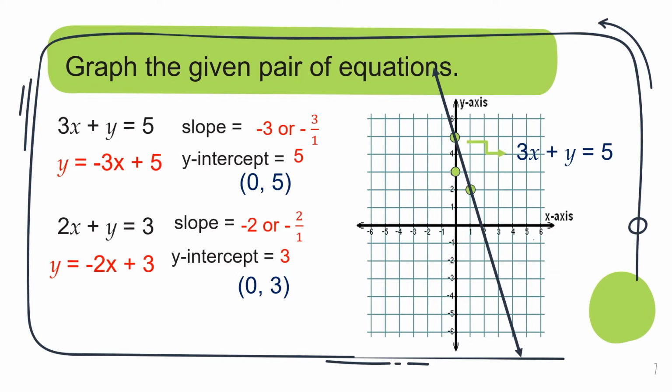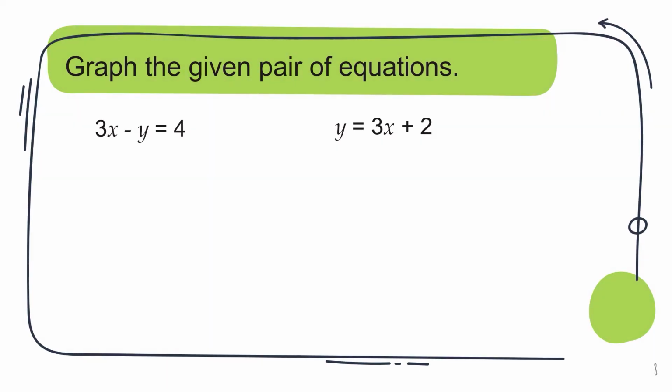Again, the rise is negative 2, and we have to count 2 downward from the given point, which is 0, 3. 1, 2. And then, the run is positive 1. And the location of the point is at 1, 1. Connecting the points, we have now the graph of 2x plus y is equal to 3.